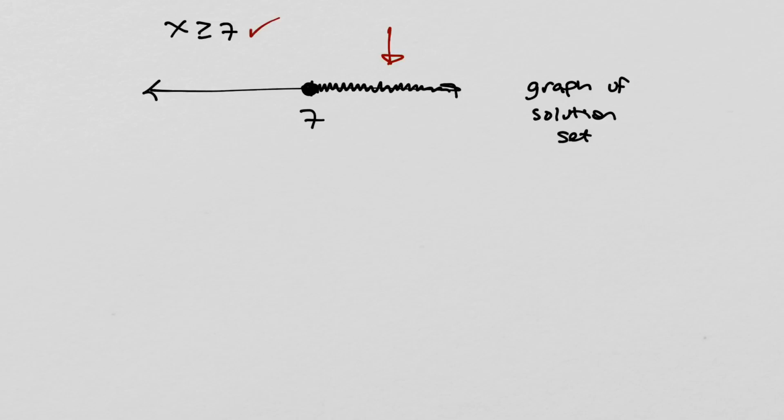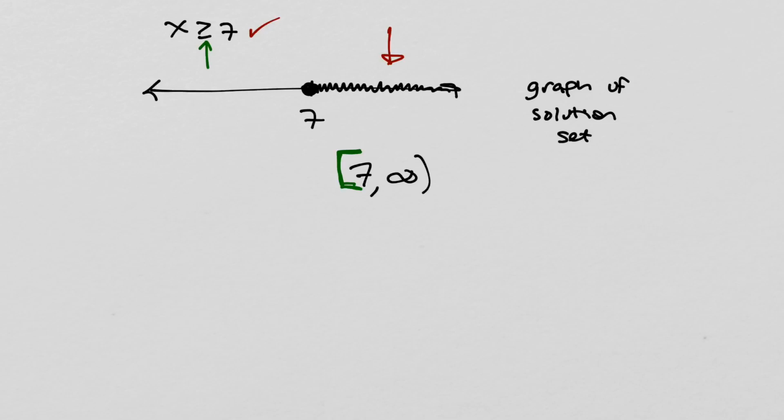If I wanted to write this out as an interval, I would write this out reading it from left to right. I'm starting at 7 and I'm going all the way to infinity. Remember, infinity we can never get to, so it's always open. In this case, since I can actually equal 7, I will use it, so I'll make that side closed.